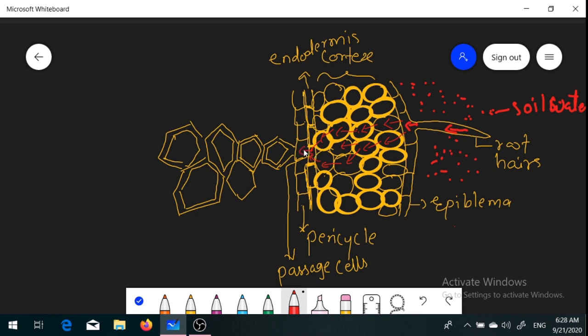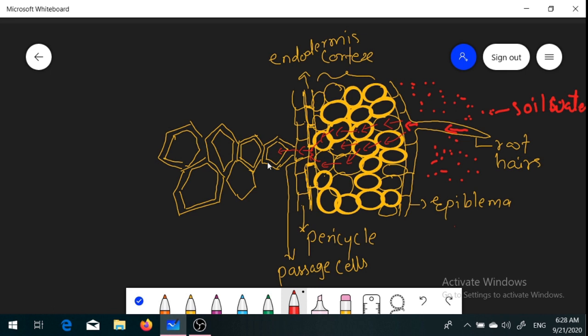Okay, so water enters inside the pericycle. So these pericycle cells become turgid. But from the pericycle to the protoxylem cells, water enters into the xylem due to the osmotic potential difference.